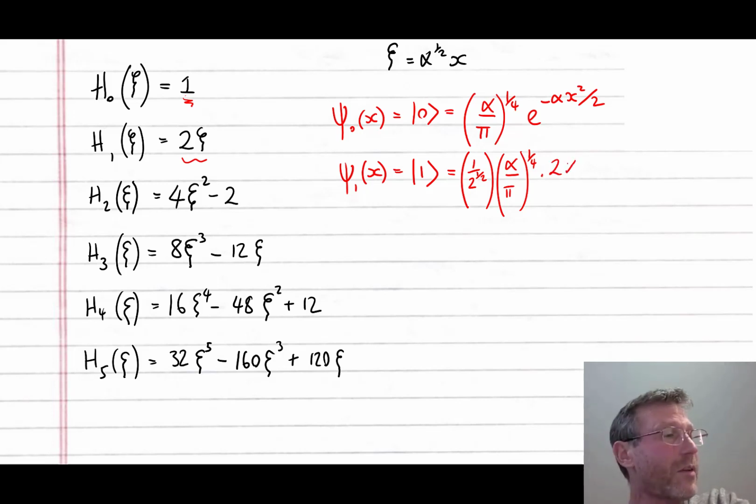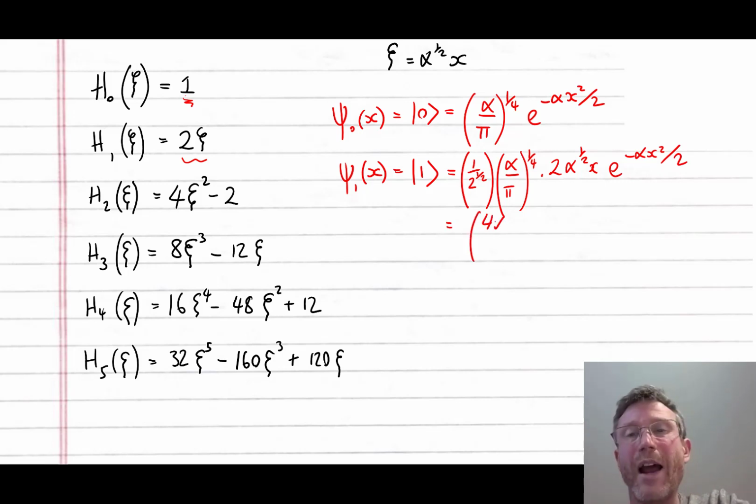Remember, it's alpha to the half x, and then e to the minus alpha x squared over 2. Let's pull that all together, and what we end up getting, let's put this in brackets, is 4 alpha cubed over pi, raised to the quarter, and x e to the minus alpha x squared over 2.